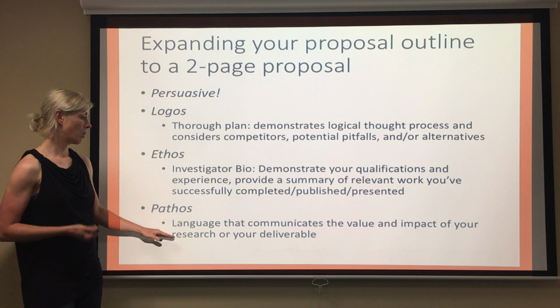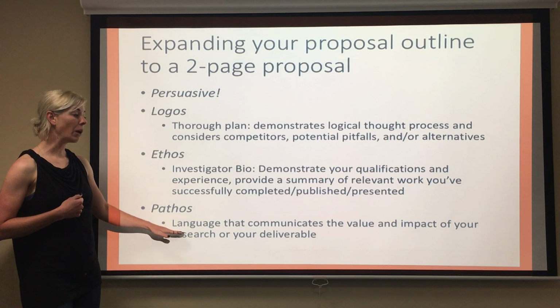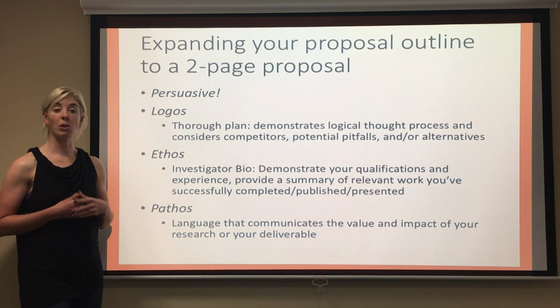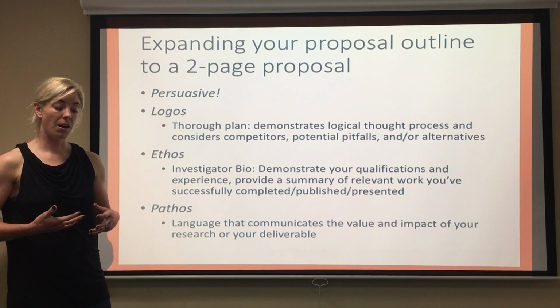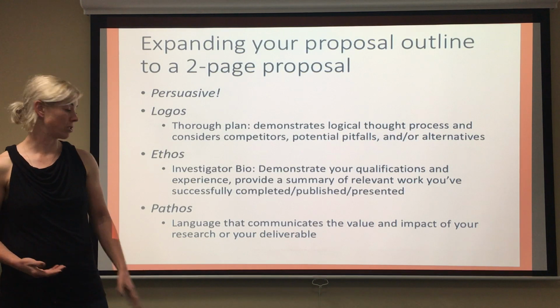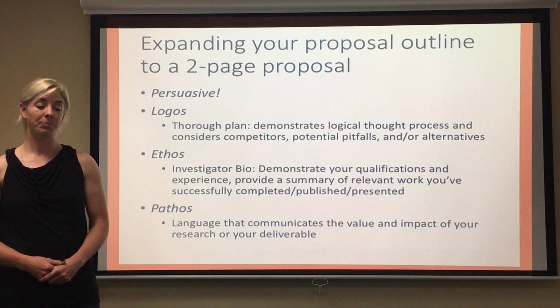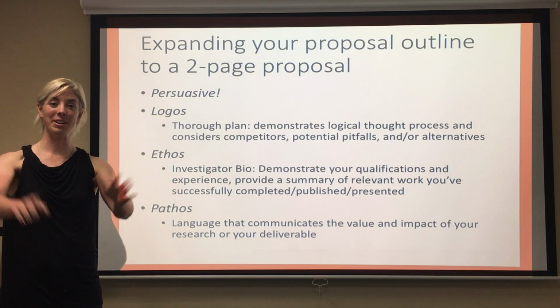And then pathos: using language that's going to communicate the value and impact of your research or your deliverable, getting the reader a little emotionally charged. Are there any statistics we can use to increase pathos? Things like that. Okay, great, off to it.